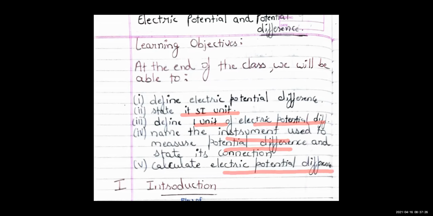So let's start with what is electric potential difference, right, children? Now, just imagine that this is a table, and on the table, I have dropped some water. The blue color is the water on the table, right? Now, what will happen?